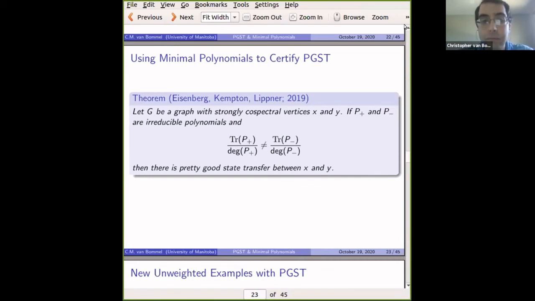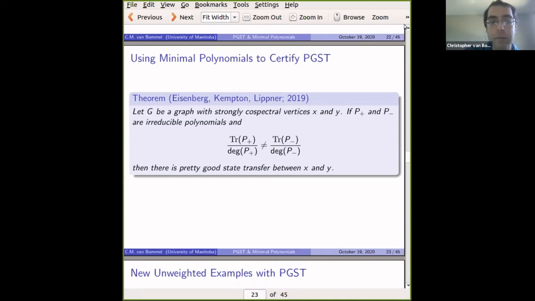And so their main application of this result is to show, for adding potentials, that the polynomials p plus and p minus can be forced to be irreducible for some choice of potential, and that allows us to essentially start with any graph with cospectral vertices, change them to be strongly cospectral, and achieve pretty good state transfer.